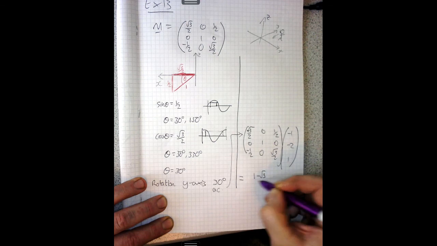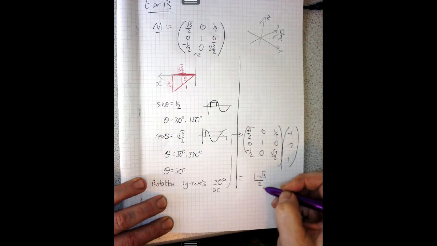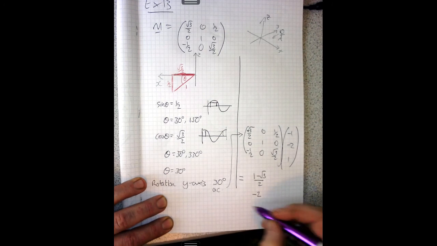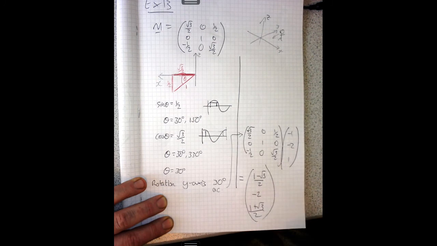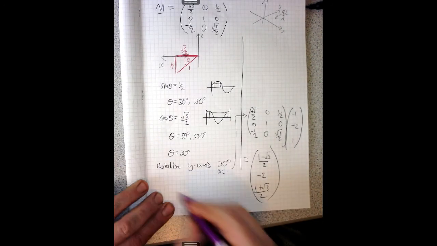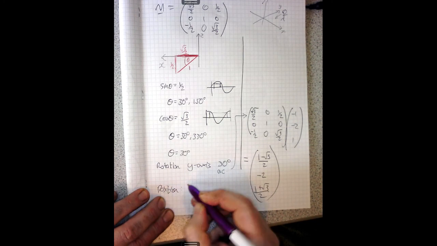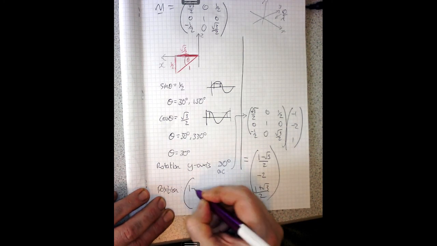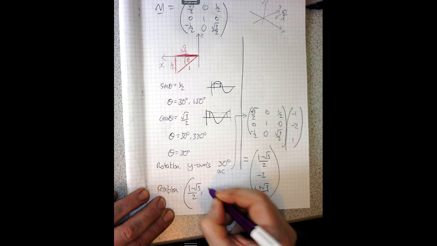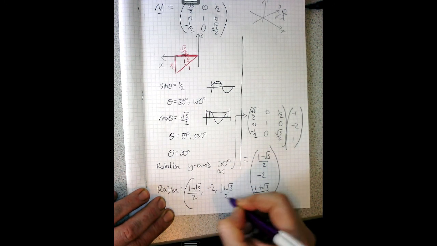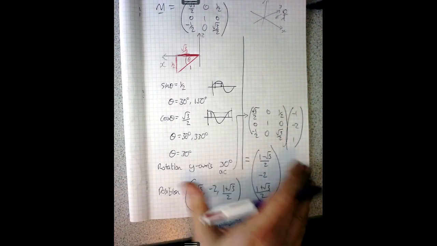And I end up with 1 minus root 3 over 2 minus 2 and 1 plus root 3 over 2. But because I'm asked to give that as a position, the position needs to be given as coordinates: 1 minus root 3 over 2 minus 2, 1 plus root 3 over 2.